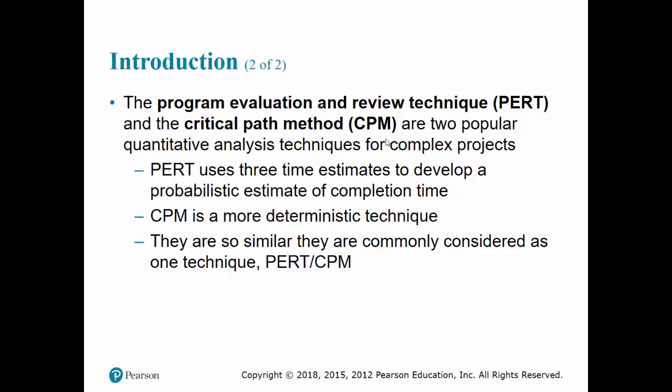In other words, crashing is the focus of CPM. So CPM is a more deterministic technique, and PERT is a more probability-oriented technique. But the underlying network structure is common for both PERT and CPM. It is how you approach it: PERT takes a probability approach, CPM takes a more deterministic, project-crashing type of approach.